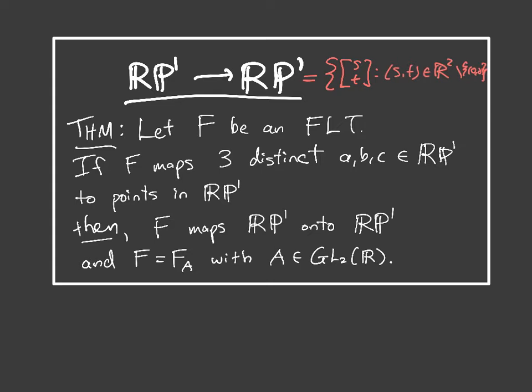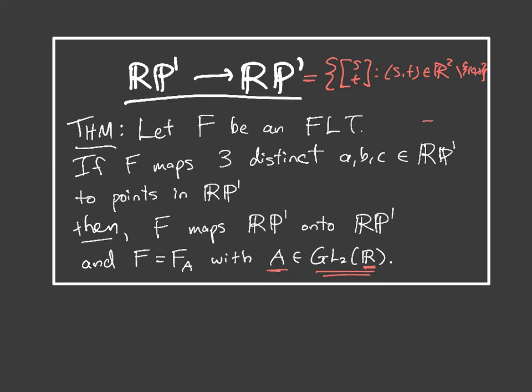And so the theorem is stronger than we really need, but it'll be useful in a moment. The theorem will basically say that FLTs that map RP1 to itself can be represented using a matrix A with all real entries. So I put GL2R here, so you can use GL2R instead of GL2C, which makes sense.